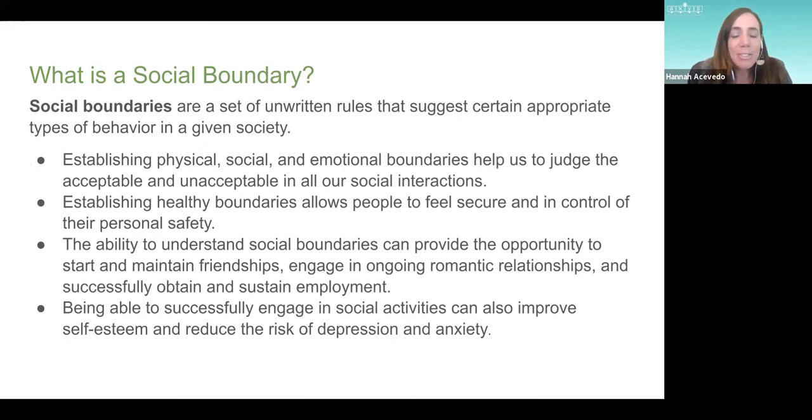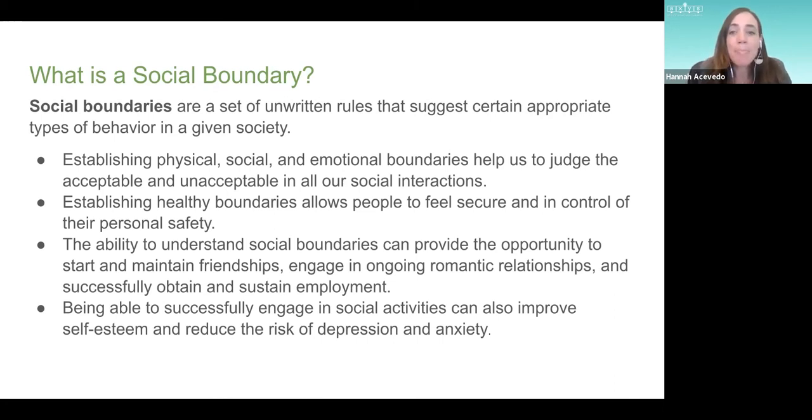So let's start with defining what a social boundary is, because it's kind of a technical word. In general, we think of social boundaries as unwritten rules that suggest ways of behaving that in a certain society are considered appropriate or expected, or inappropriate or not expected. In general, these are acquired as kids grow up and parents talk and people pick up on them.